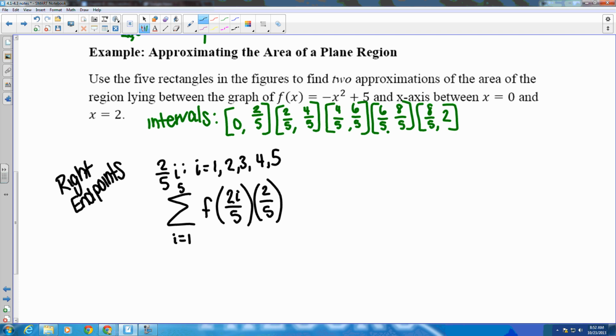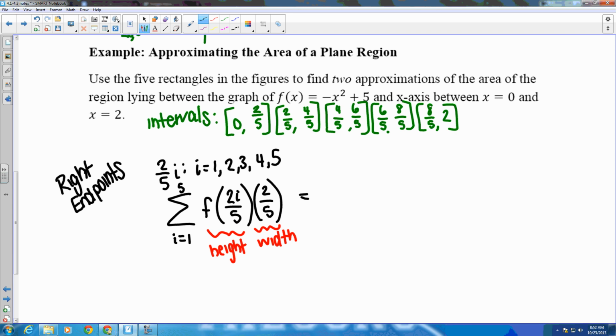This is the height of our rectangle, and this is our width. Each rectangle has a width of 2 fifths, and f of 2i over 5 uses the function to find out how tall the rectangle is.